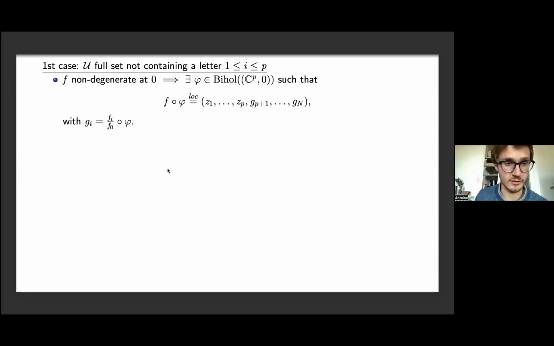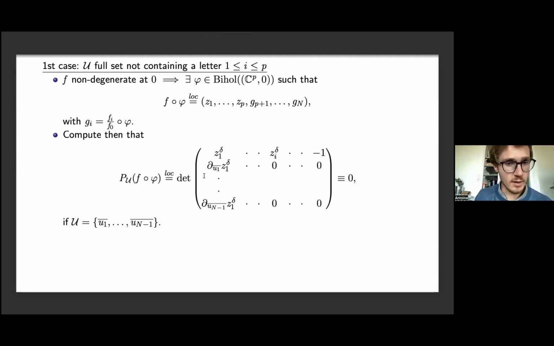And so now we just write locally what we find with our very definition of Wronskians. So what we find is the following. We have the determinant of this matrix. So observe that here on the i-th column, since the full set does not contain the letter i, we obtain 0 here because we differentiate according to variables that are not z_i, so we always obtain 0.